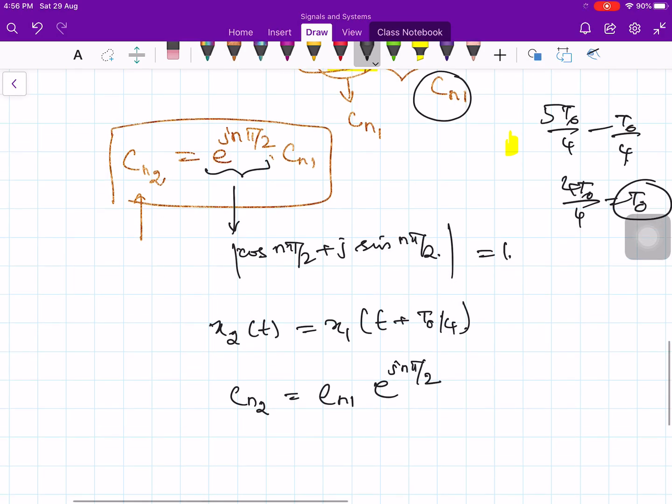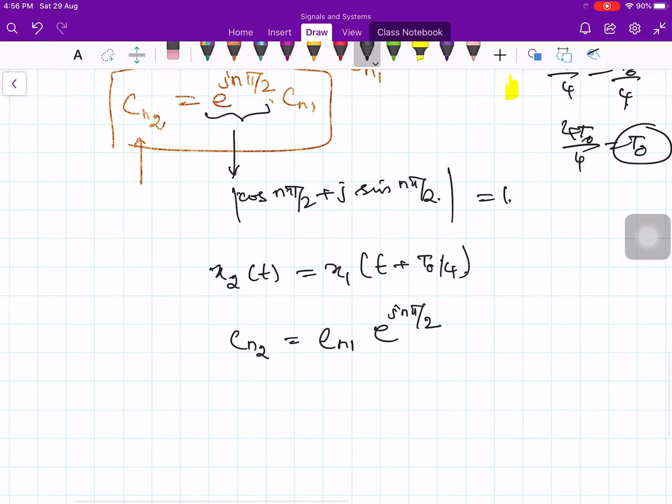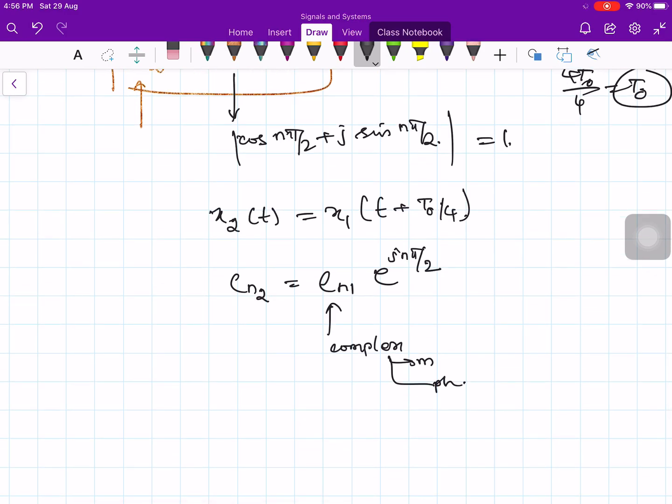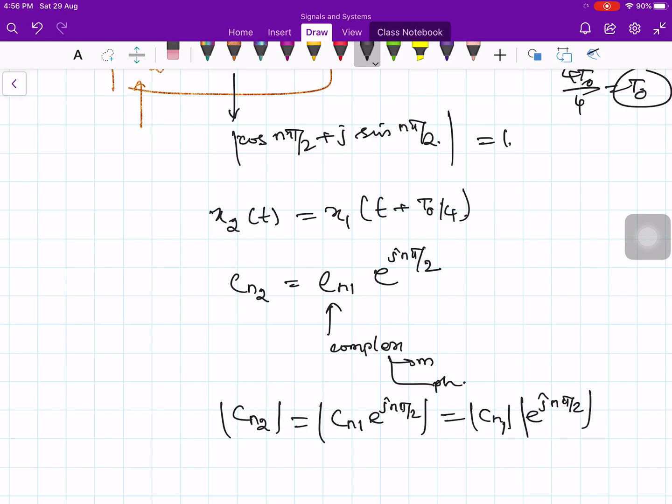Now if you take the spectrum, see, as I said, this is a complex number. So a complex number has magnitude and phase. Okay, if you take magnitude, then Cn2 is equal to Cn1 times e to the jn pi by 2, and the magnitude is equal to 1.